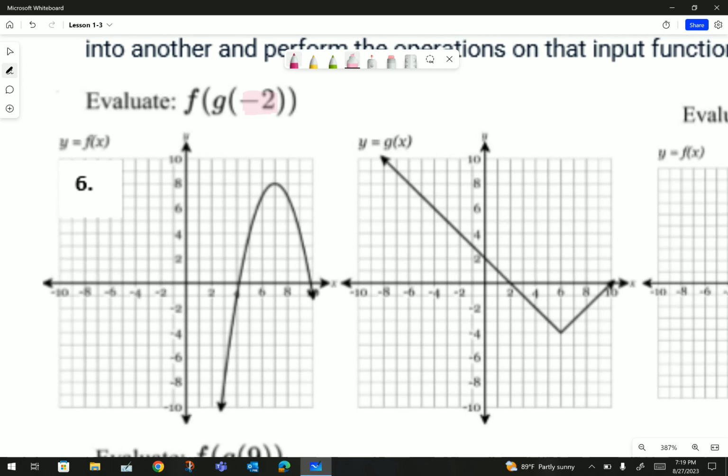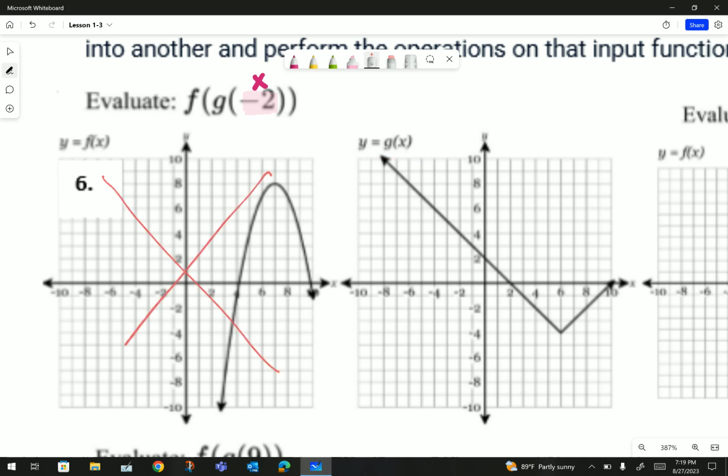The inside will always be your X value, and you look next to that X value to check what function it is next to. In this case, we are next to the G function. So that means we are going to start with the graph that's called G.